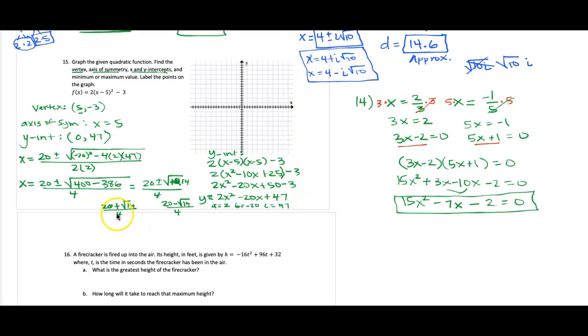We need a decimal approximation to be able to do that. So what's 20 plus the square root of 14, all divided by 4? I get here a decimal approximation.